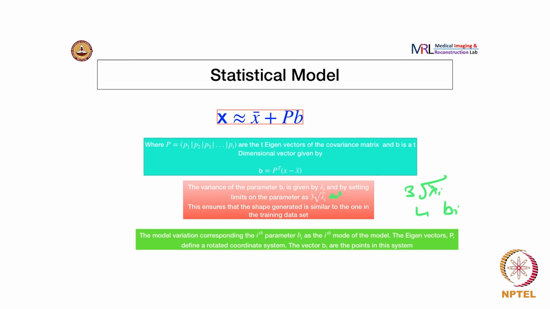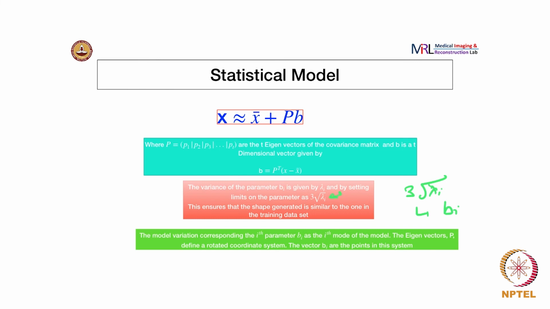This also tells you a drawback or the constraint of the method, because this 3 times the square root of lambda i comes from the original data, which is our x and y coordinates. What it means is that you cannot have shapes that are too different or outside the bounds described by your training data. If you have an extreme version of your shape, however you qualify extreme, then this method will not work.